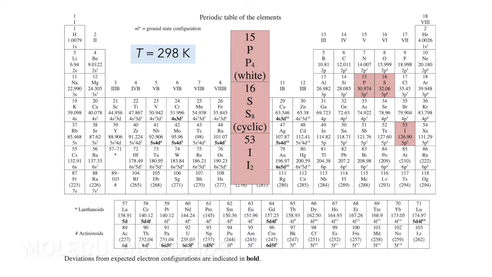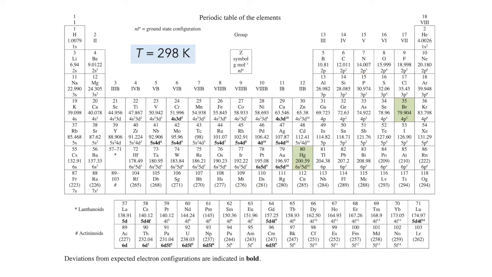White phosphorus forms tetrahedral P4 units in the standard state, which is a solid. Sulfur also forms a molecular solid state with cyclic S8 units. And iodine is a diatomic in its standard state. Only 2 elements are liquid at 298 Kelvin.